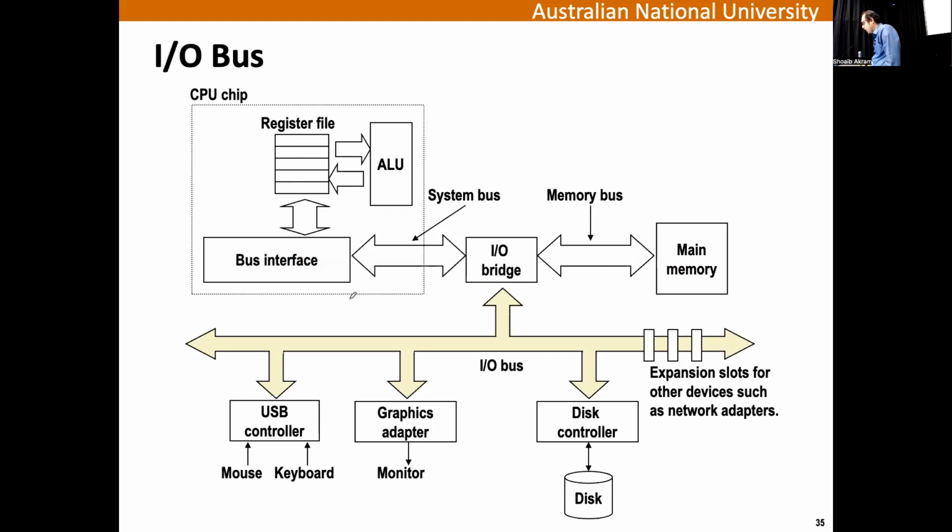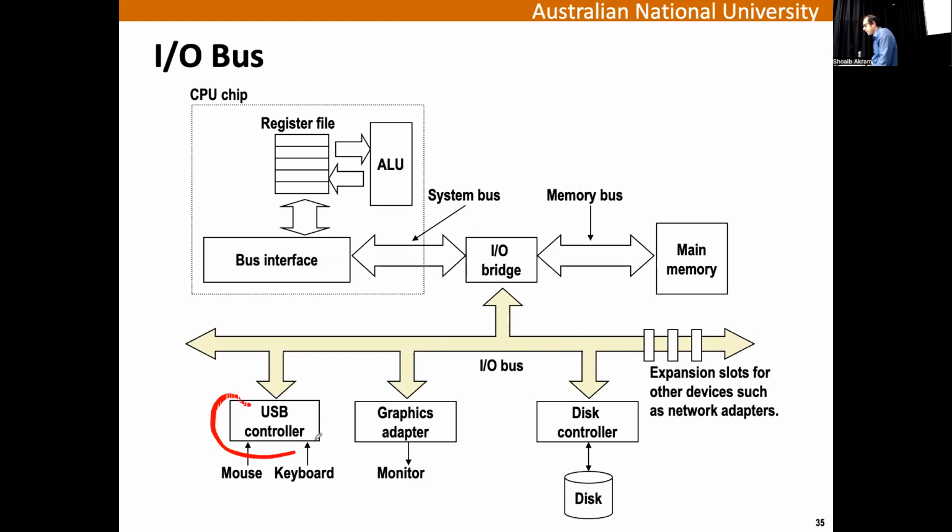So now we have the I/O bus here that is connected to the I/O bridge. The I/O bridge is now listening to the CPU and communicating with main memory and the devices that are attached to the I/O bus.